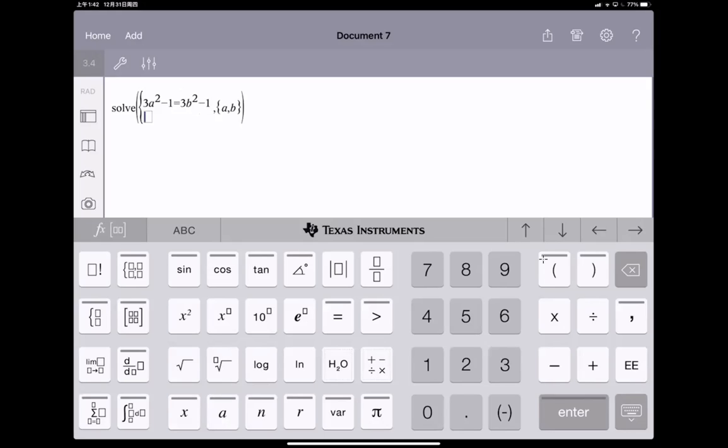The other equation relating A and B is B equal to 2A cubed over 3A squared minus 1, solving for A and B. So you have two equations, two variables. Sufficient condition, just enough to solve for A and B.